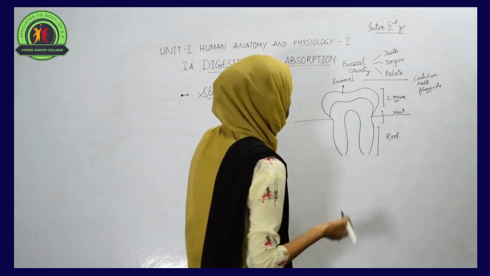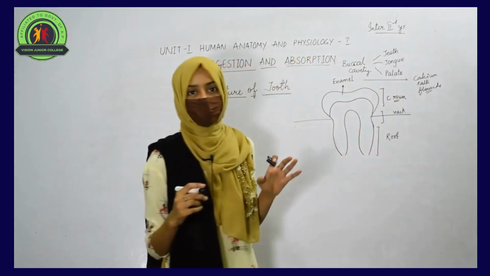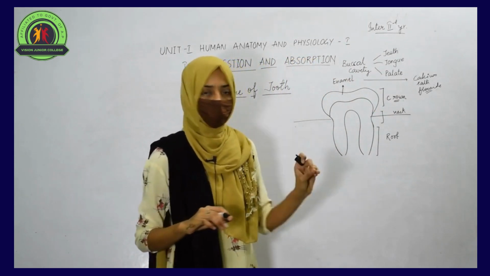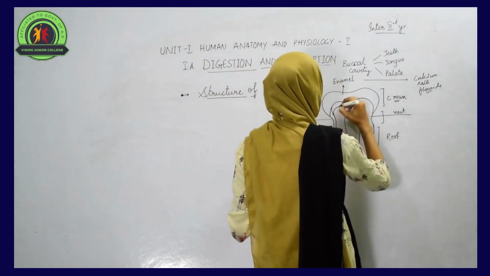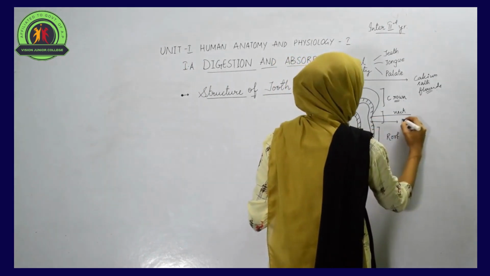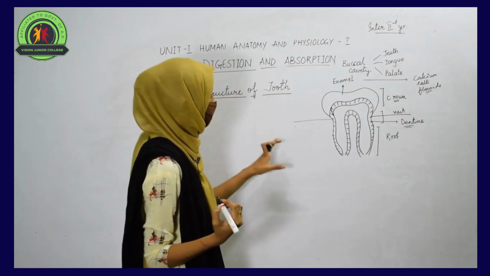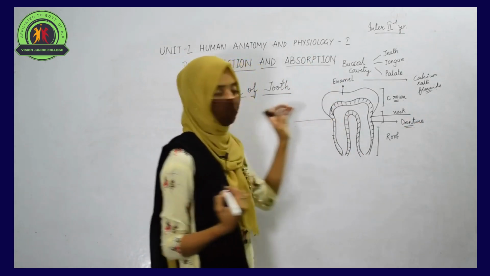Now, below this enamel, we can find a layer present throughout the tooth, and we call this layer dentine. Dentine is the layer which covers the whole tooth: the crown, neck and the root region.